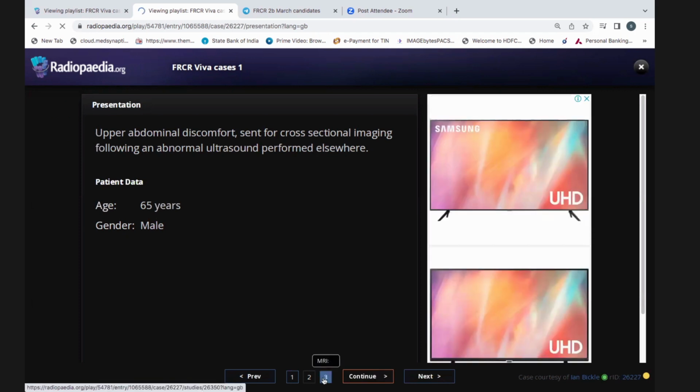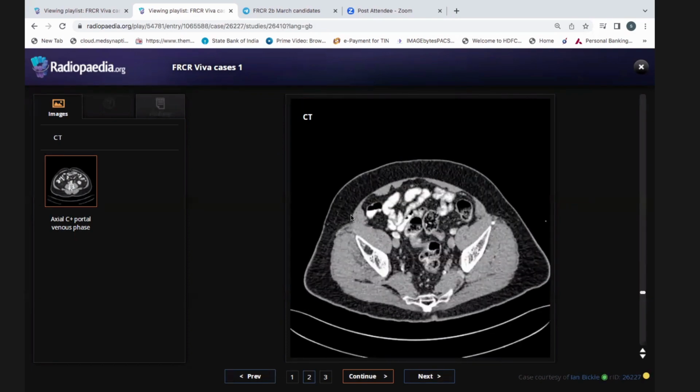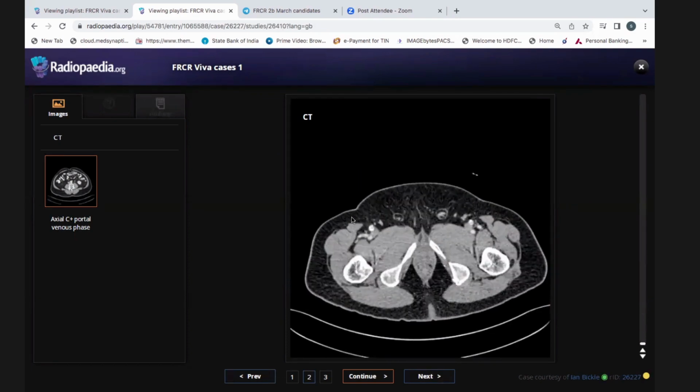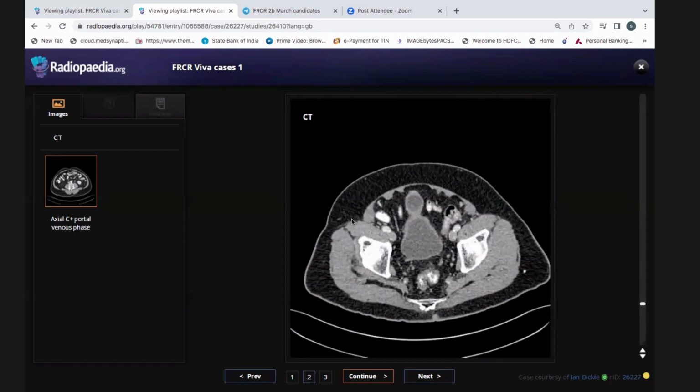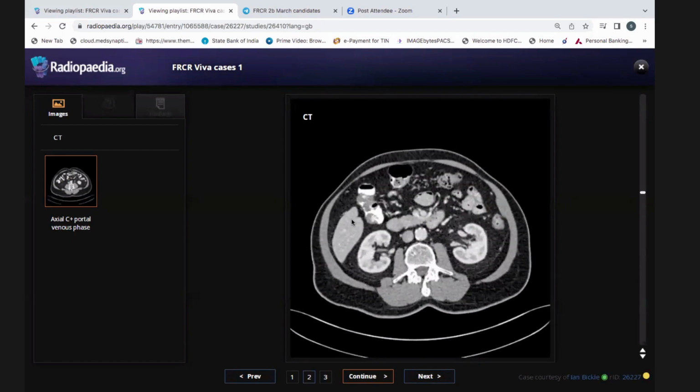Okay. This patient is having upper abdominal discomfort. You can scroll the images. CT abdomen of the patient complaining with abdominal discomfort.